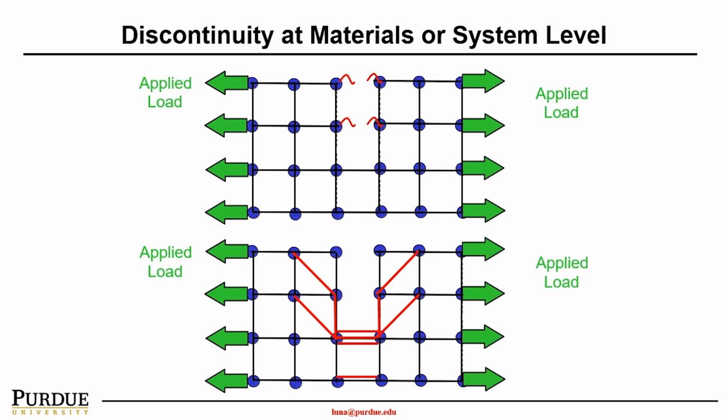So first, let's take a look at what we call the intrinsic discontinuity or defects at the materials level. Here is a schematic of any material, whose fundamental building elements are atoms. If we consider each of these as one atom, and in between is your chemical bond, that's your lattice.